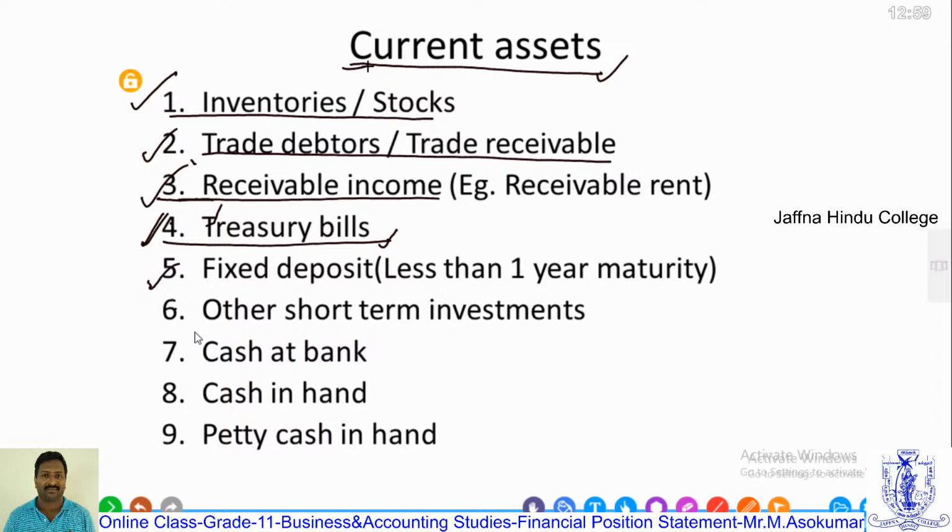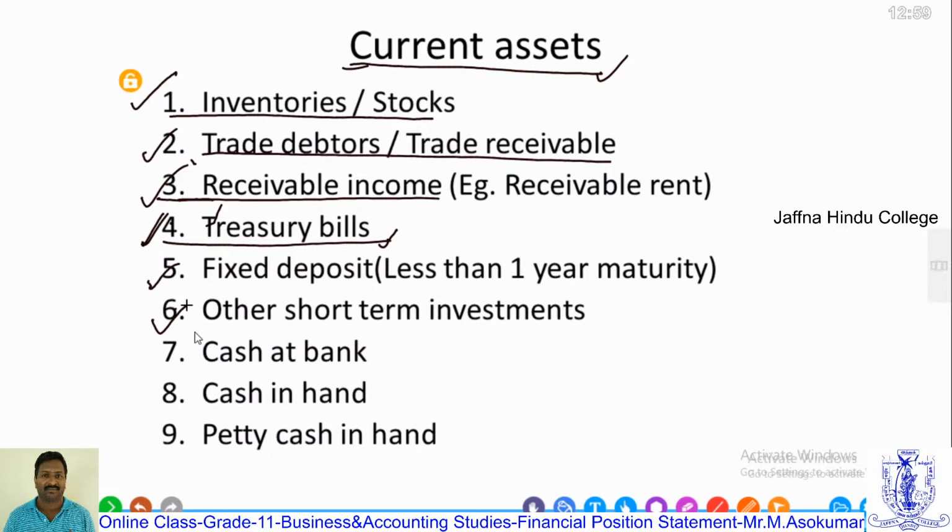Next thing, other short-term investment. This is also one of the assets. This is also an investment made with the purpose of earning income.